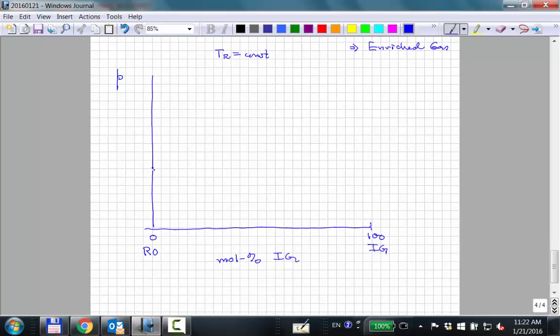The original bubble point might be there. We add some gas, maybe this much gas, and we get a new bubble point. And so typically this curve is going to look something like this.